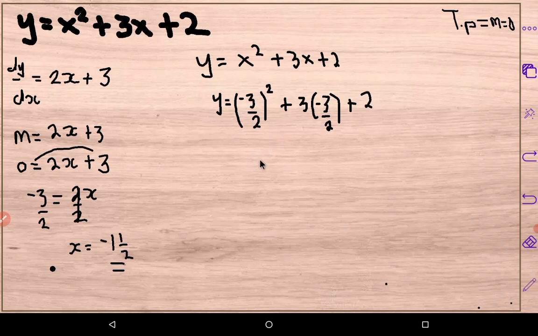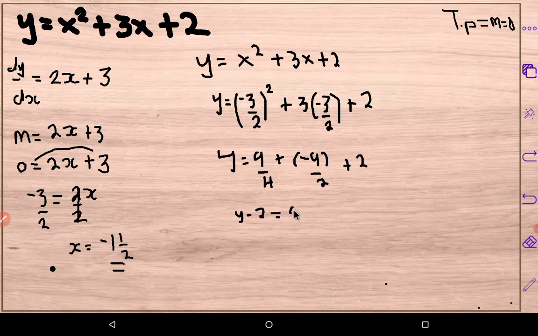Okay, so negative 3 squared will be 9, 2 squared will be 4, plus 3 times negative 3 over 2, that would be negative 9 over 2, then plus 2. So I can take the 2 this side, it becomes minus 2.